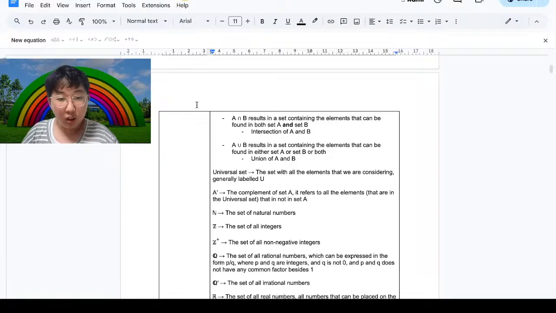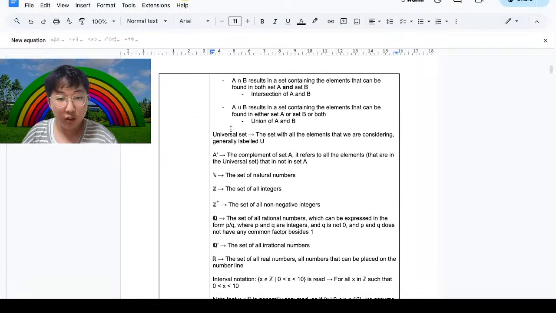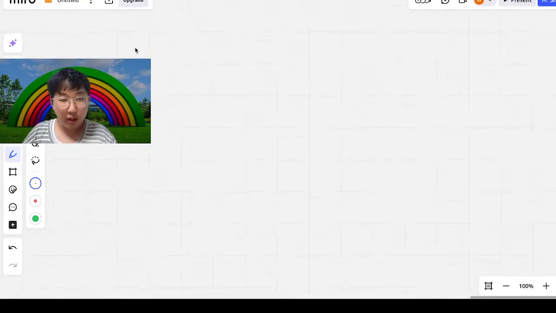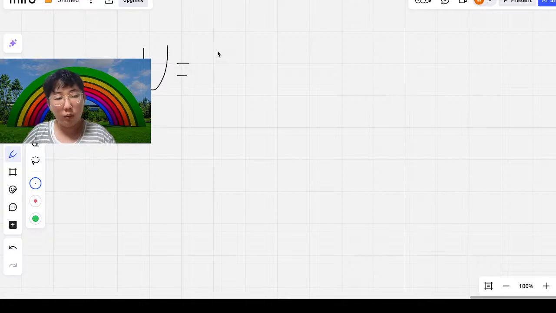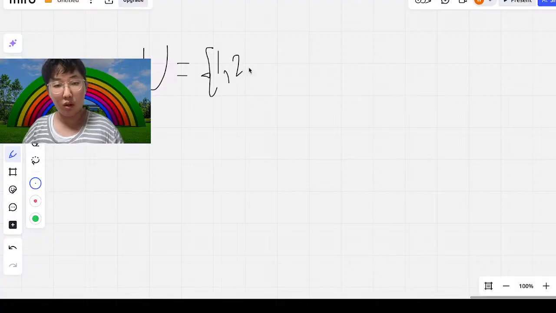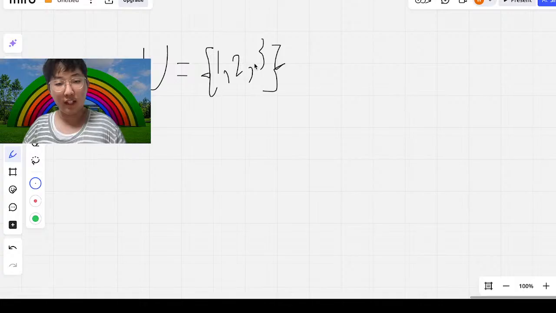Alright, so let's talk about the universal set. The universal set is denoted with a U and is basically the set that we are looking at. So if we were to say that U is 1, 2, 3, then we would be only dealing with these 3 elements.